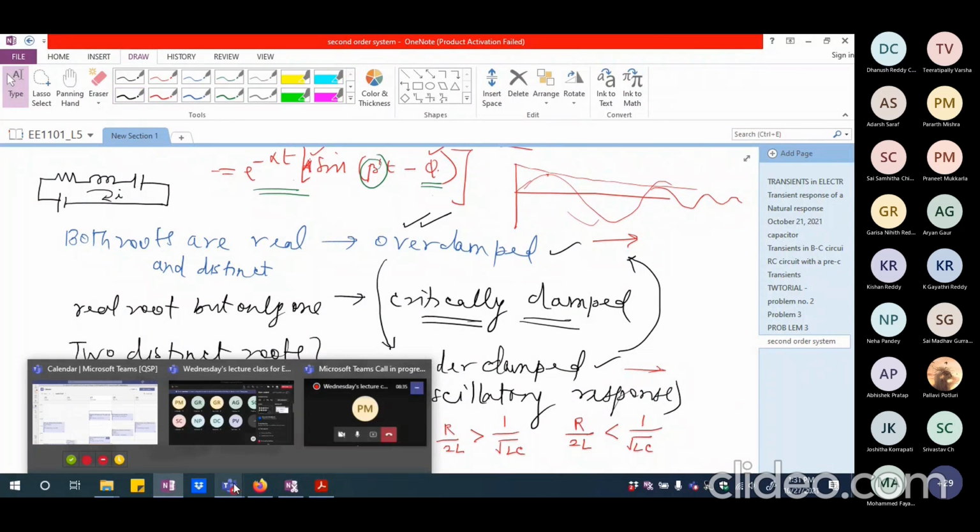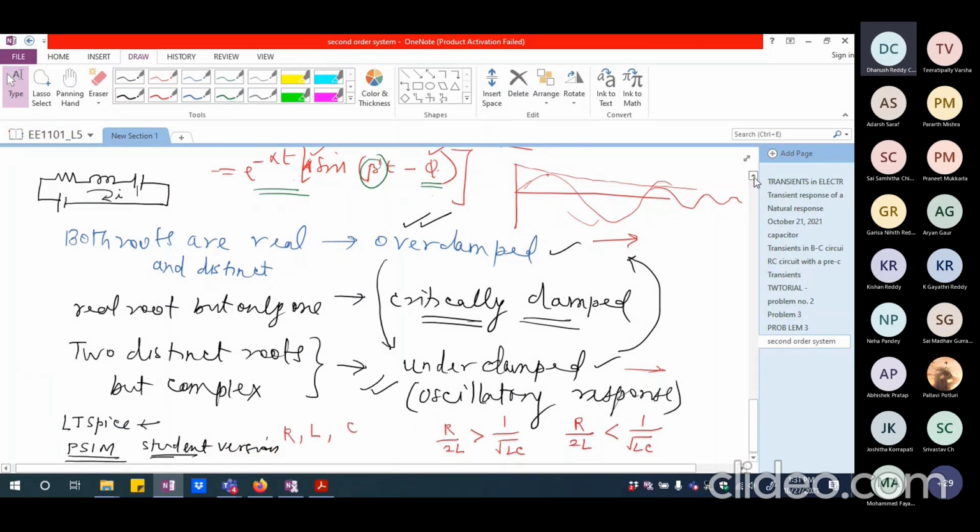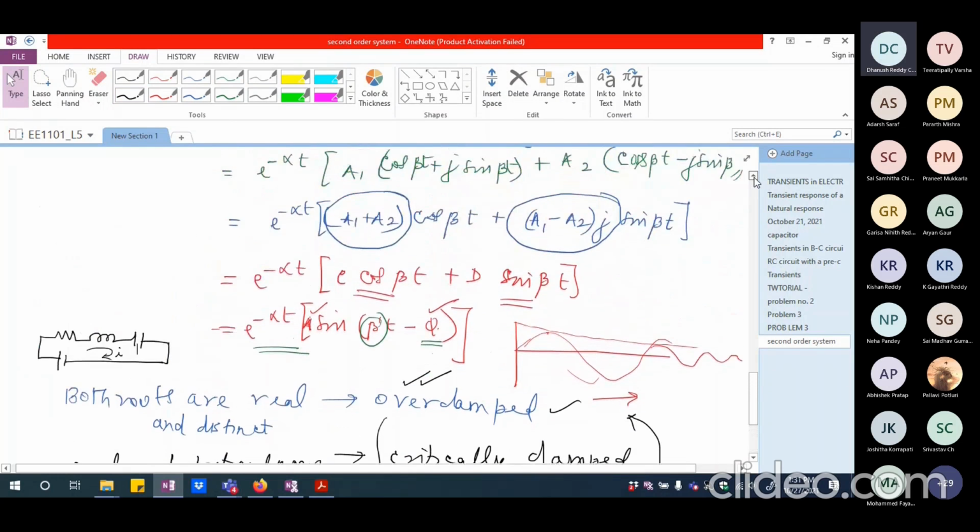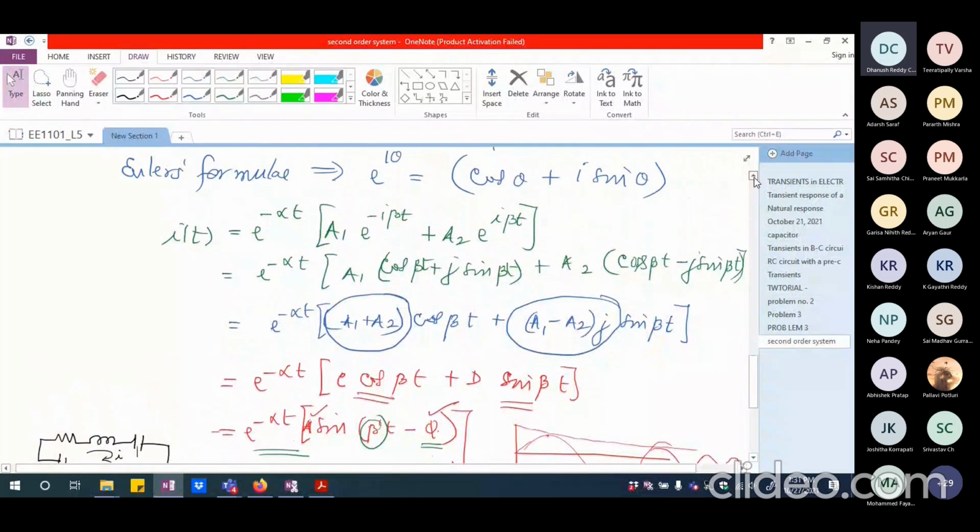Ma'am, in the equation above the Euler's formula, you haven't mentioned the t in the equation for I of t.